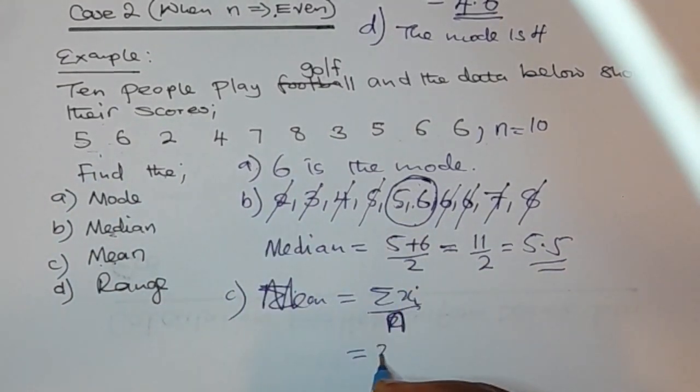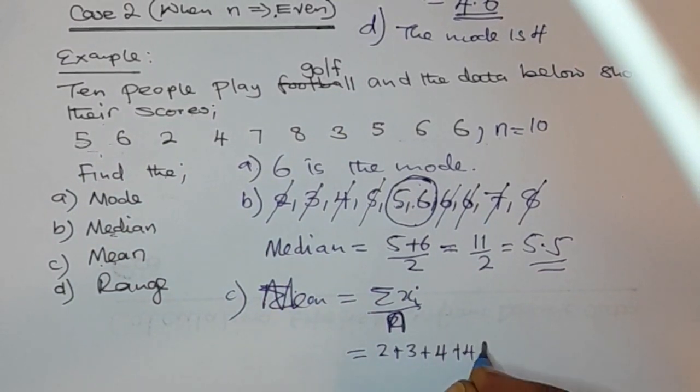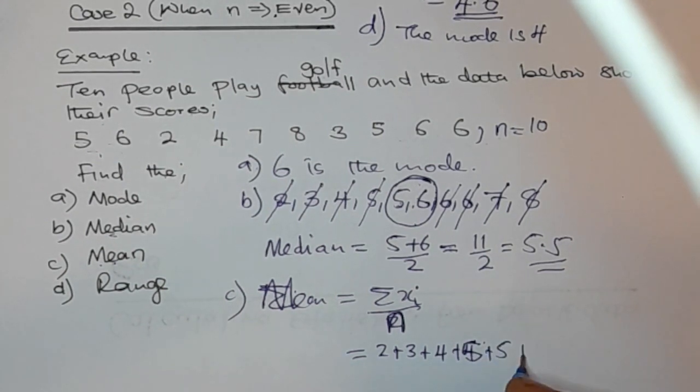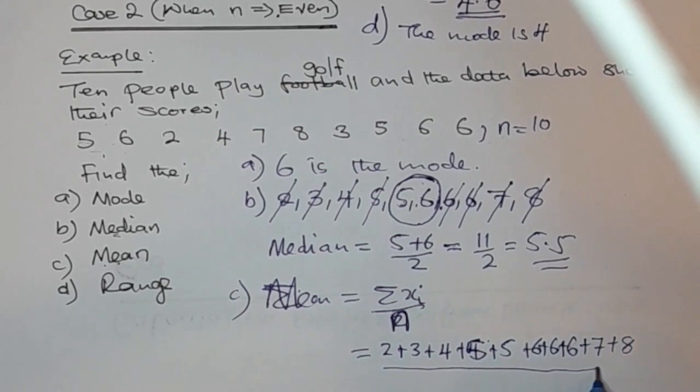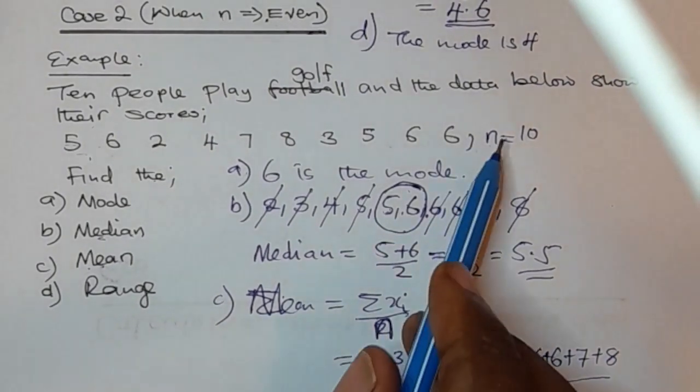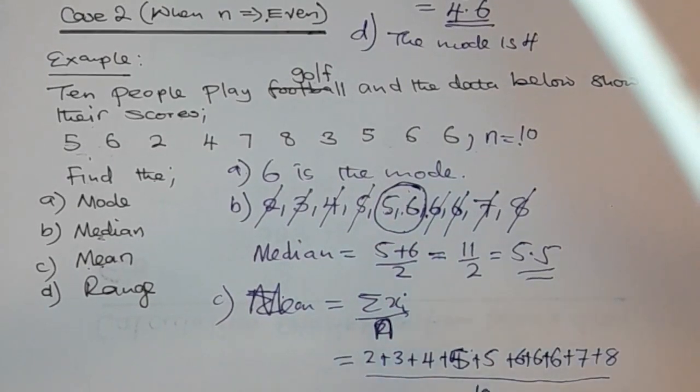So you have 2 plus 3 plus 4, then 2 5s, 5 plus 5, plus 3 6s, 6 plus 6 plus 6, then plus 7 plus 8, then everything divided by n, which is 10.